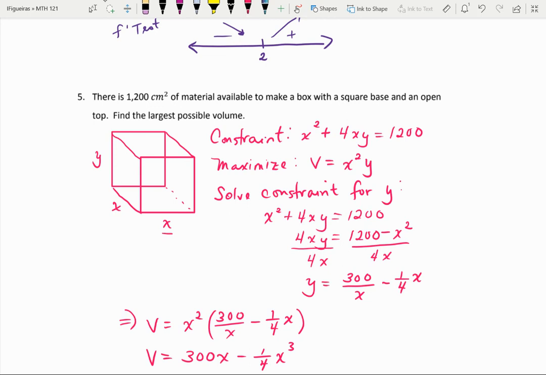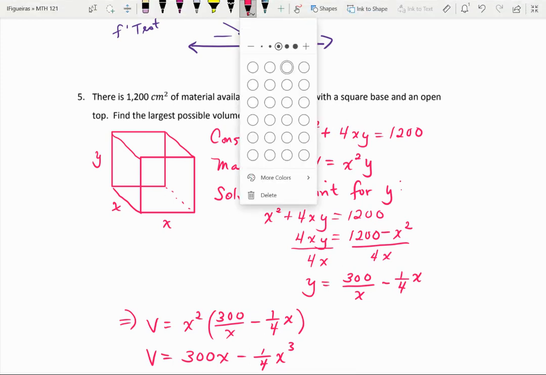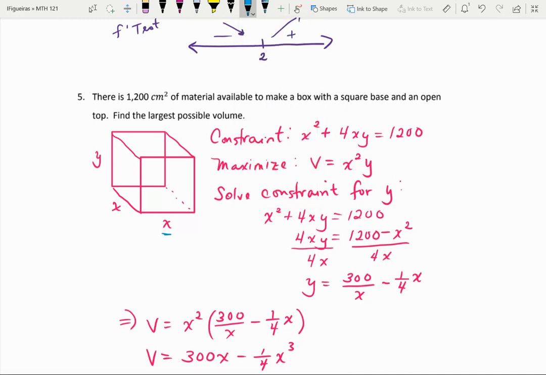Okay, let me change the color so it's easier for you to follow what I'm doing. Okay, so the base is a square, so I have 2 dimensions that are the same, but you're not told that the height of the box is the same, so I'm calling it y. So all of the panels that make up the box is what makes up this constraint value of 1,200.